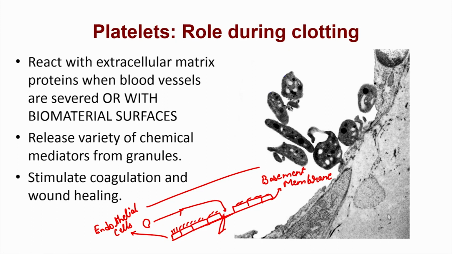So, what will happen is the platelet will come and bind, it will get activated, it will then release a variety of chemical mediators, the granules that it is carrying, and then it is going to cause more and more platelets to come in. So, more and more will come in and they will start to do the same thing.